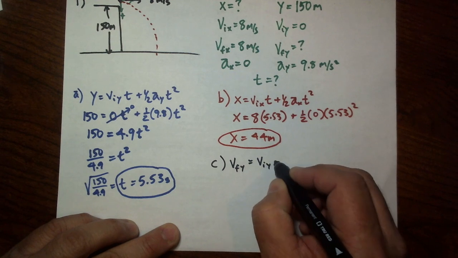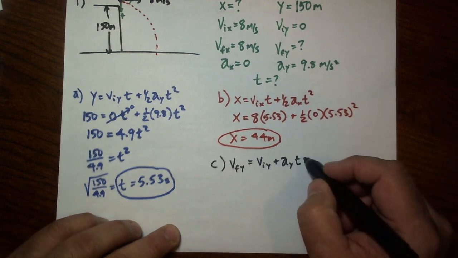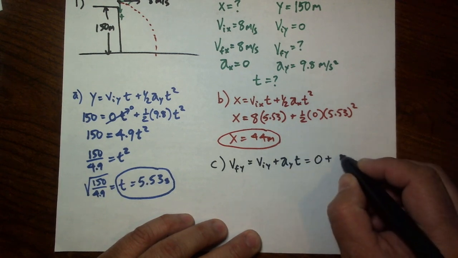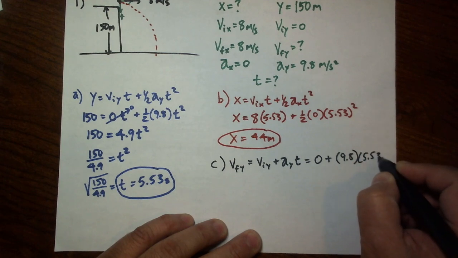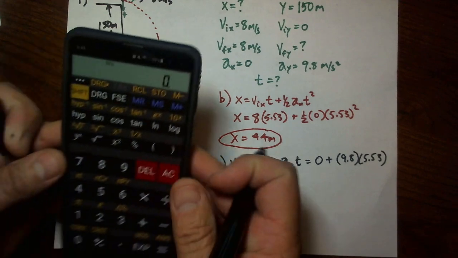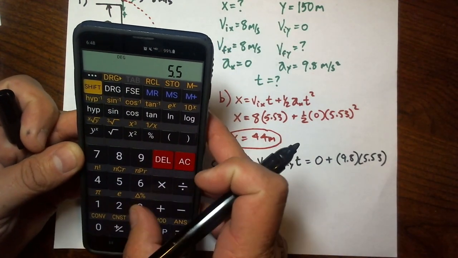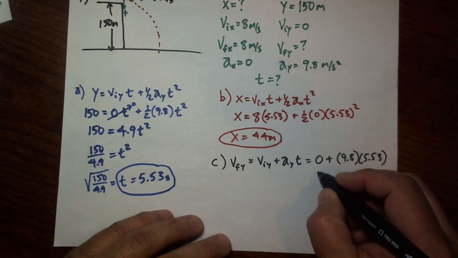I'm going to use the definition of acceleration equation for the y direction, and that's going to be 0 plus 9.8 times 5.53. Okay, so clear this out. 9.8 times 5.53 equals 54.2.